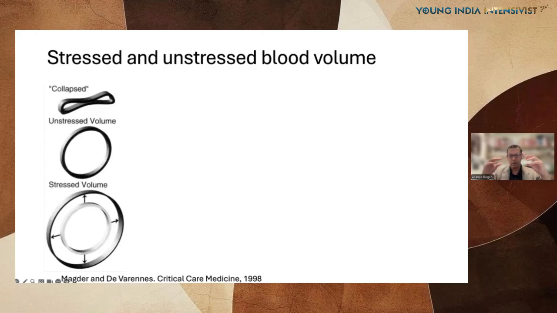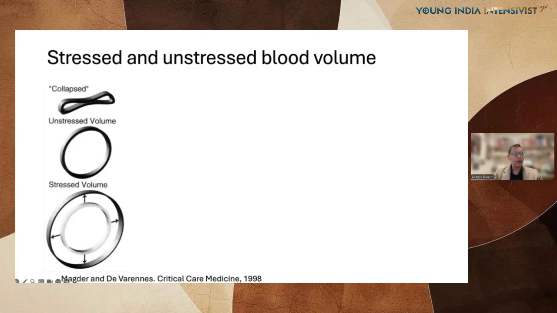So imagine a thin rubber band or a balloon. When it's empty, it's flat and collapsed. As you start filling it with air or water or whatever, it starts to fill. And for some time, there is no significant pressure exerted against the walls because it is still filling.